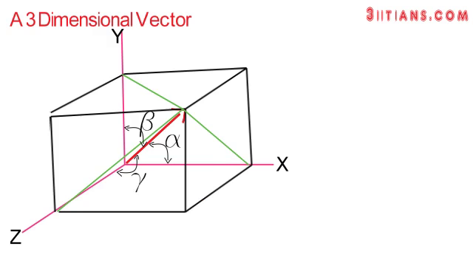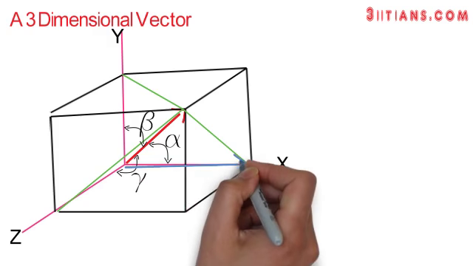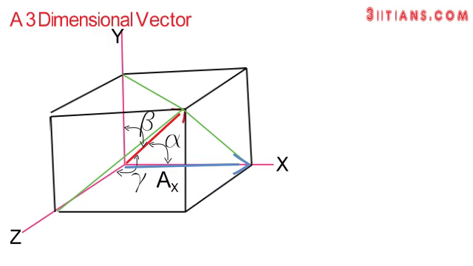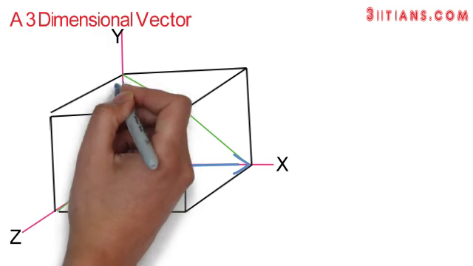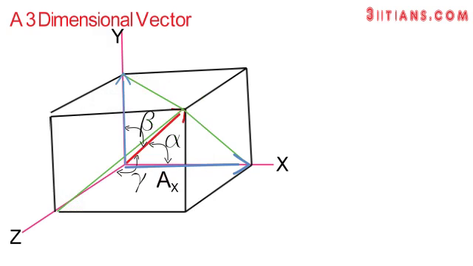The component of the vector along the x-axis will be the line joining the tail of the vector to the foot of perpendicular on the x-axis. So this will be the x component of the vector. Let us call it ax. The component on the y-axis will be the line joining the tail of the vector to the foot of perpendicular on the y-axis.